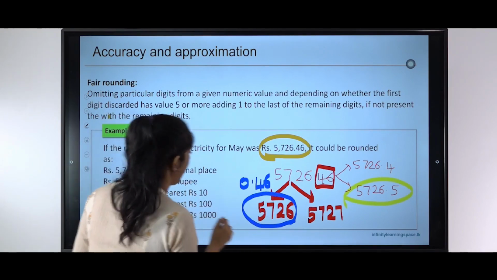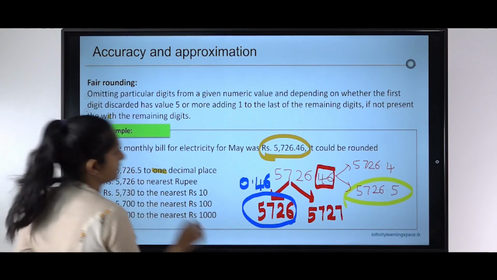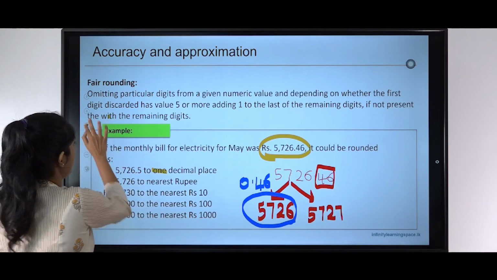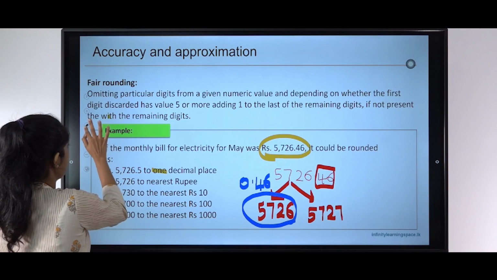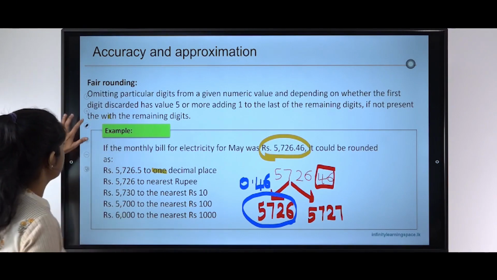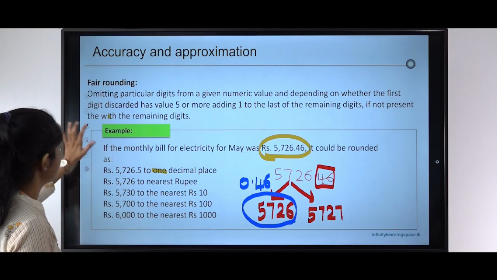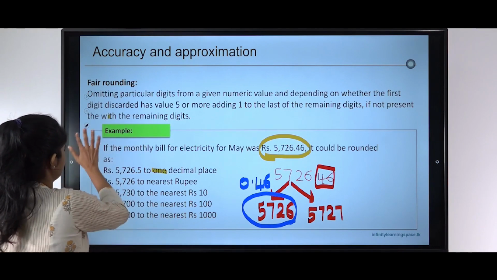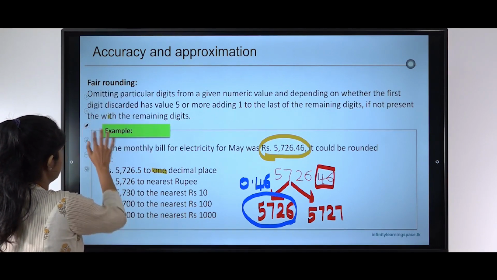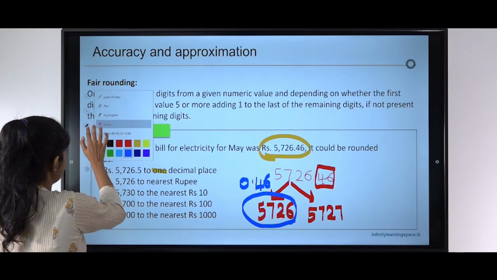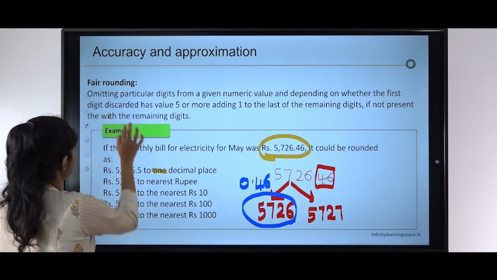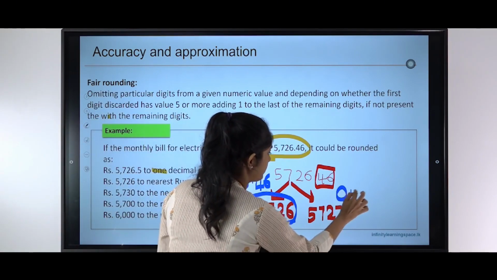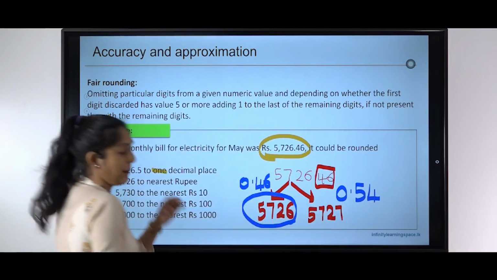On the other side, the gap is 0.54, so the gap is bigger on that side.